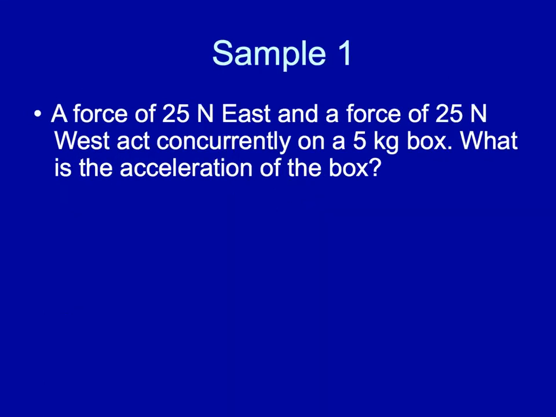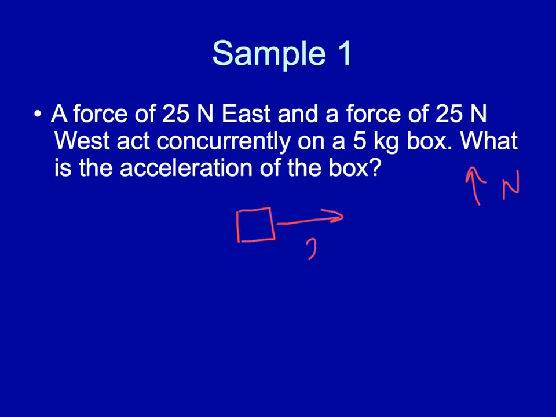So we have a 25 Newton force east and a 25 Newton force west acting concurrently on a 5 kilogram box. What is the acceleration of the box? We have to assume it's on a frictionless surface since we didn't measure that. So first of all, let's draw a little picture of what's going on. There's our box. I'm going to say north is that way, so therefore that defines all my other directions.